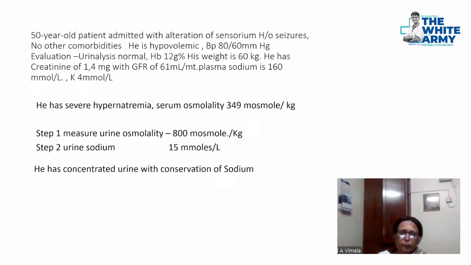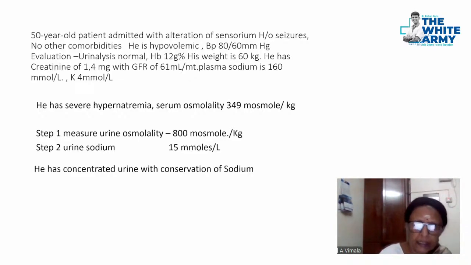Second step, we have to measure the urine sodium. It was less than 20, showing he had concentrated urine. This patient had no obvious fluid loss anywhere, but on detailed questioning, he said he had some unaccustomed exertion. That produced rhabdomyolysis, and the water got shifted to the muscle cells. That was responsible for this hypernatremia.